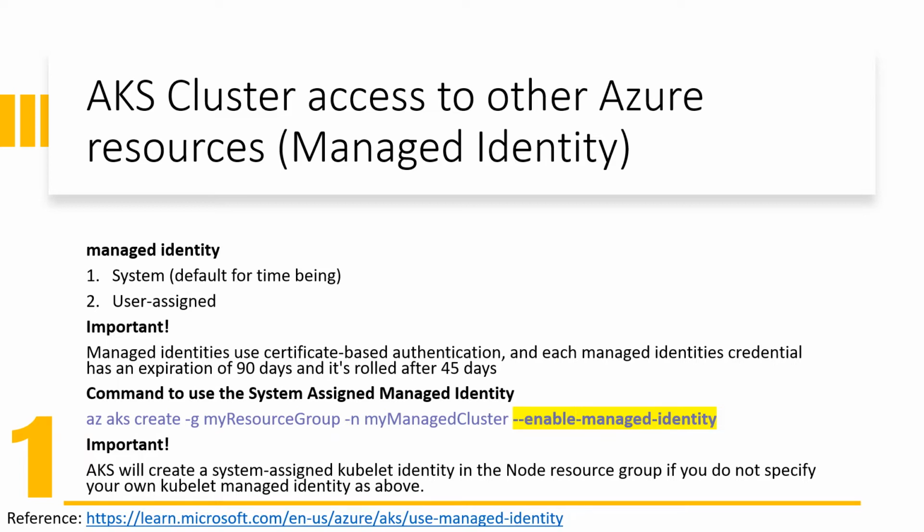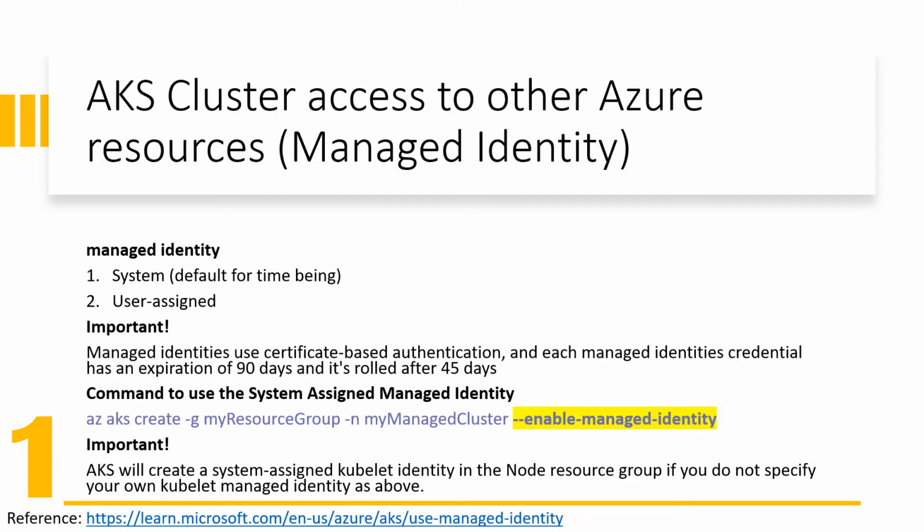It's important to know managed identities use certificate-based authentication, and each managed identity's credential has an expiration of 90 days and is rolled after 45 days. I have provided the command line here for creating an AKS cluster with managed identity enabled.